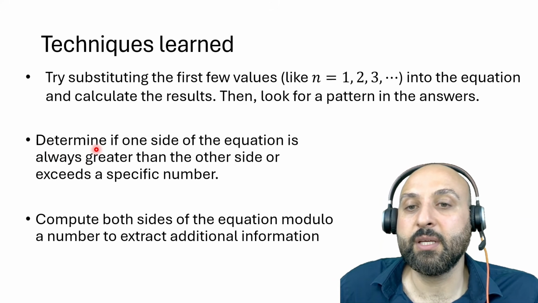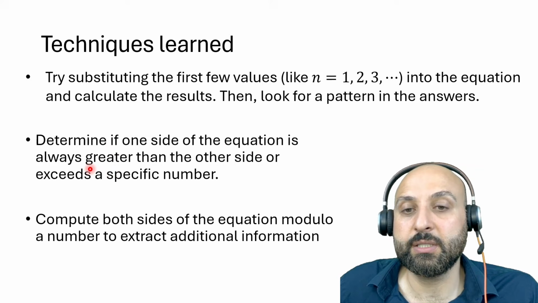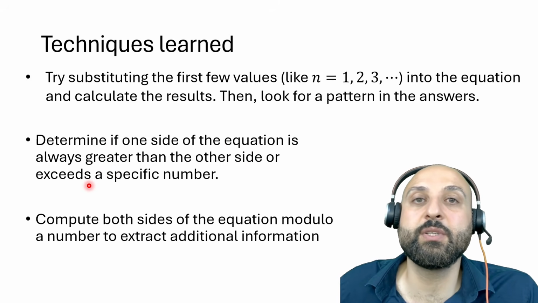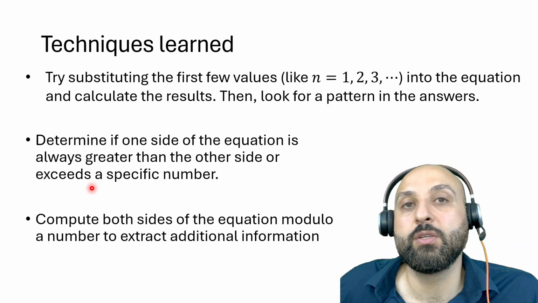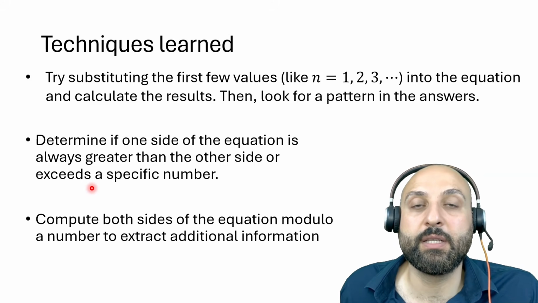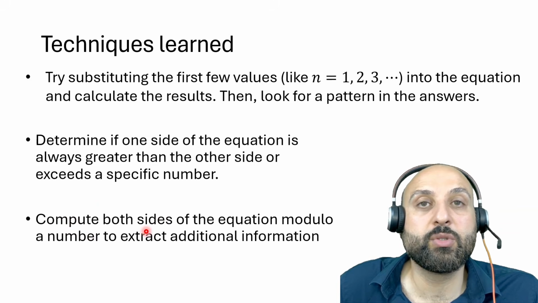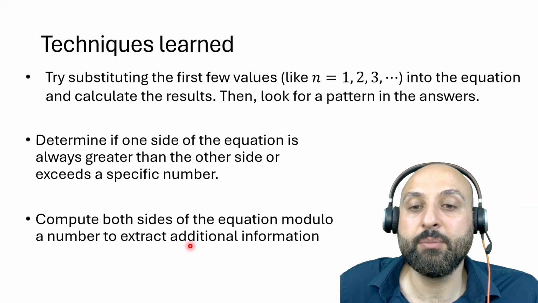Another point is to determine if one side of the equation is larger than the other side, or one side exceeds a certain number, which you can then use to show what the final solution will be. And another point is to compute both sides of the equation modulo a certain number and extract additional information based on this calculation.